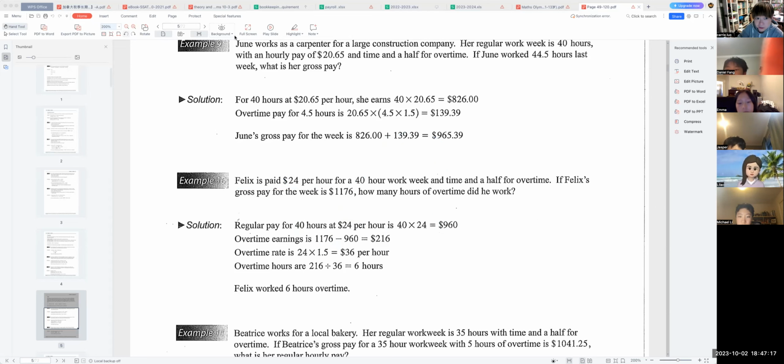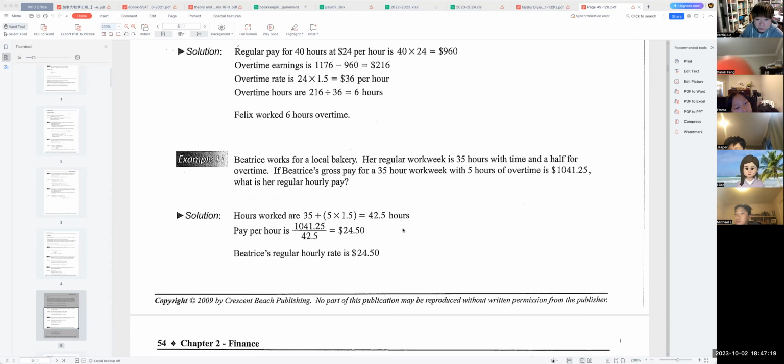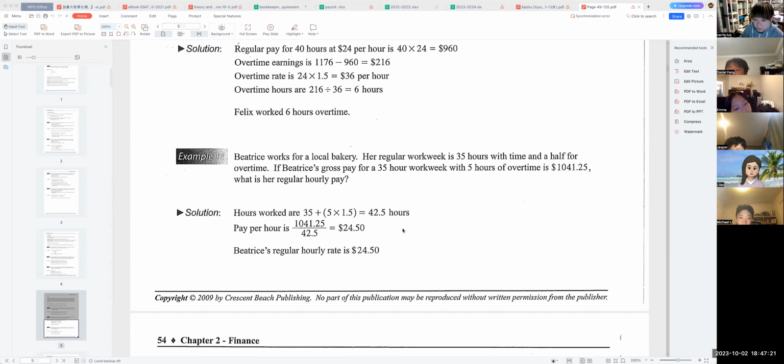Okay, so let's take a look at the next one. Beatrice works for the local bakery. Her regular work week is 35 hours with time and a half for the overtime. Michael, because every government is different, for these Beatrice people, they're doing 35 hours and for more than 35 hours, you get paid 1.5 already.